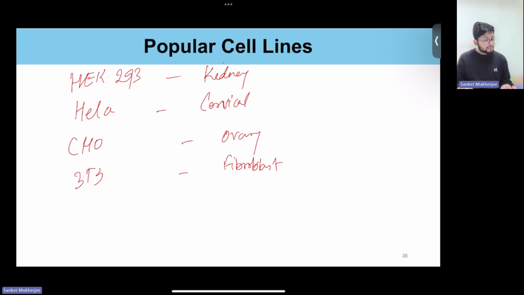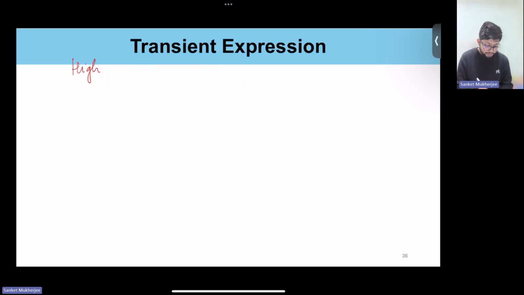For transient expression, there is high expression for a short period. As I already told you, transfection is the preferred route. So how to perform that transient expression?